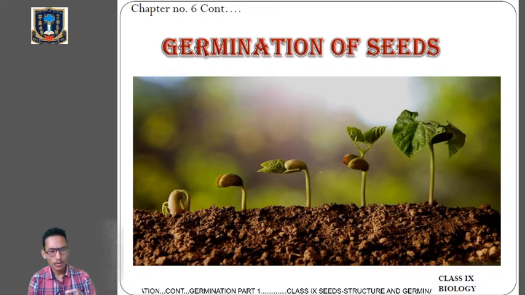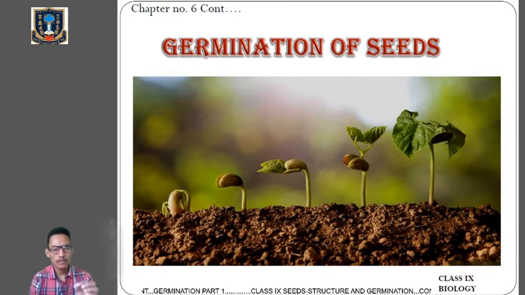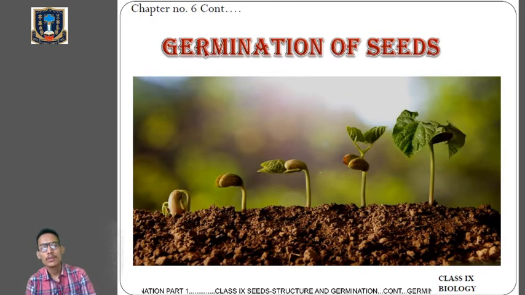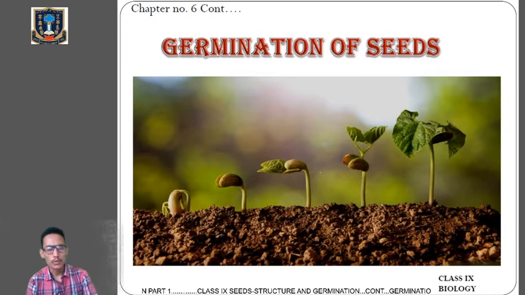All seeds, before germination, contain a dormant embryo. The embryo mainly consists of a radicle and the plumule. The radicle is the future root and the plumule is the future shoot of a plant, as we have discussed.